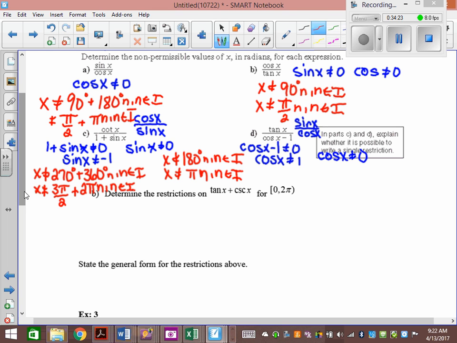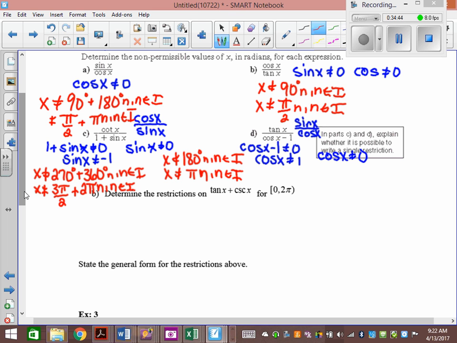Okay, where does cos x equal 1? At 0. Cos x equals 1 only at 0 and 360. It's -1 at 180.